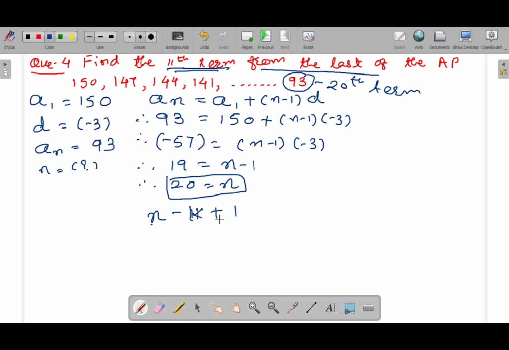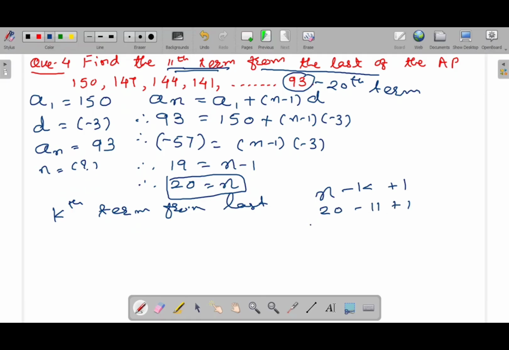Suppose you want to find the kth term from last, you will use n minus k plus 1. So in our case, it will be 20 minus 11 plus 1, that means the 10th term. So actually in the question, they are asking to find the 10th term of the given AP.